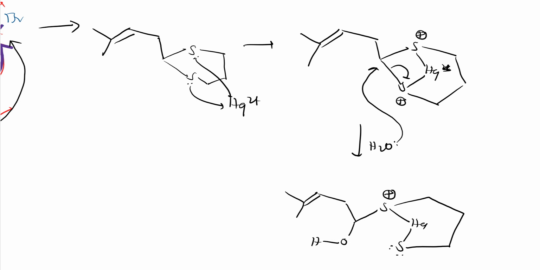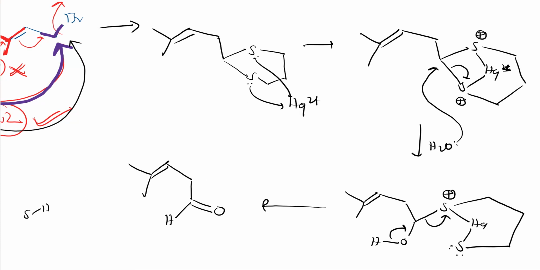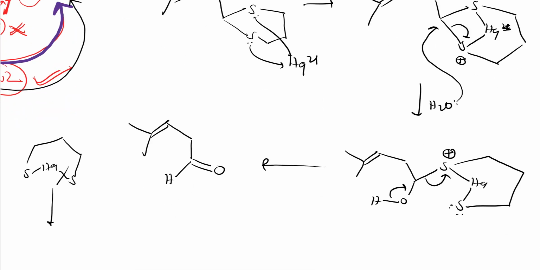Further what happens? Again this bond breaks, this takes the sulfur and sulfur becomes neutral, right? So I'll get COH. Other things you are left with like this, S, Hg, S, and 3 carbons, right? So water will be there, water means OH will add here, I have told these things, OH will add here, H will add here, again here also OH will add here, H will add here.